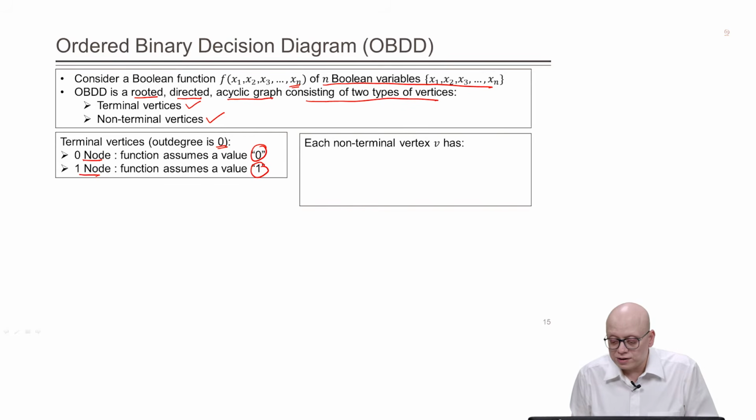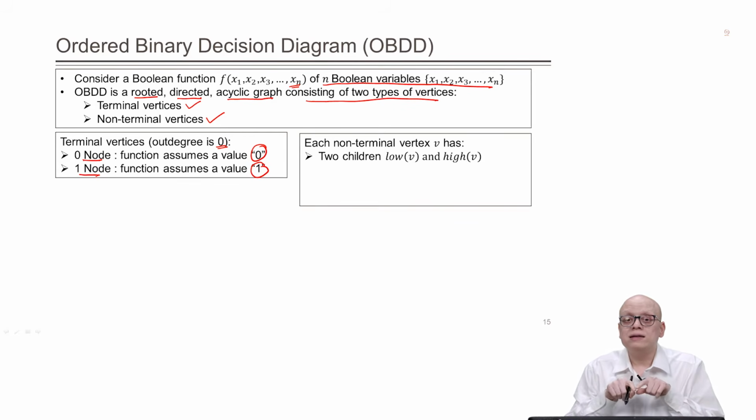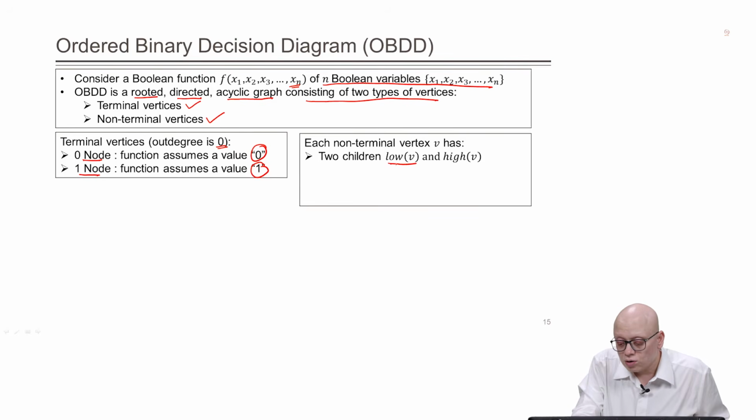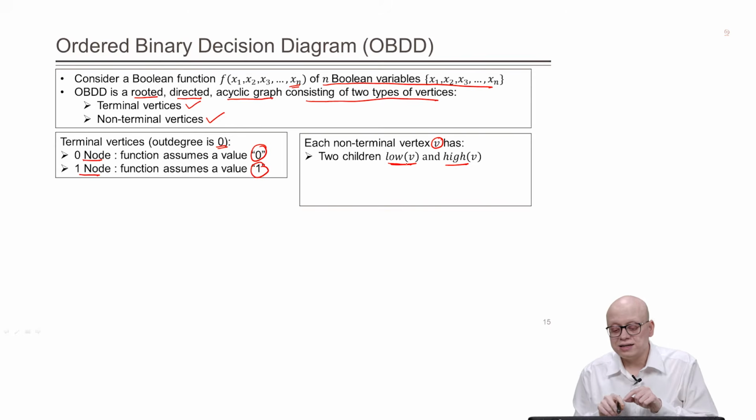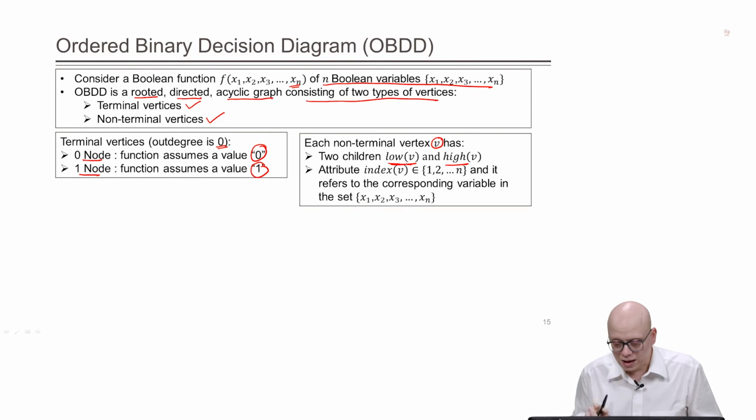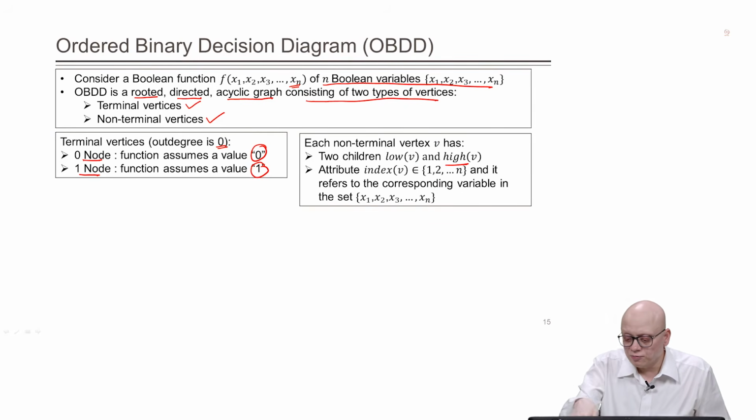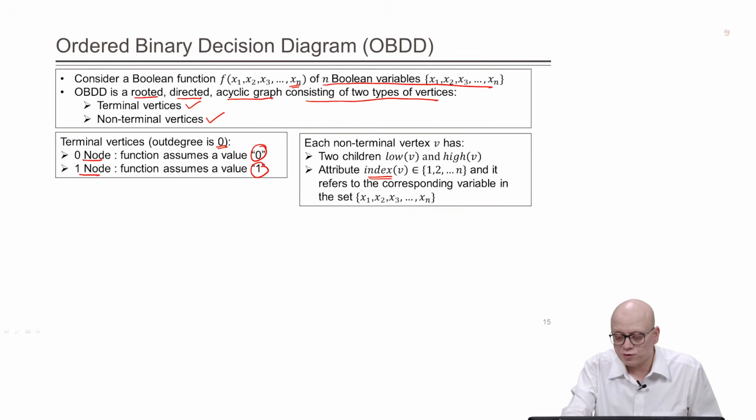And what are the non-terminal vertices? Each non-terminal vertex V has two children, one is low and the other is high. For a given vertex V, there will be low V, which is its low child, and high V, which is the high child. And the vertex V contains an index, which is an integer. For a function of n variables, the index can be between 1 and n, and it refers to the corresponding variable in the set x1, x2, x3 to xn.